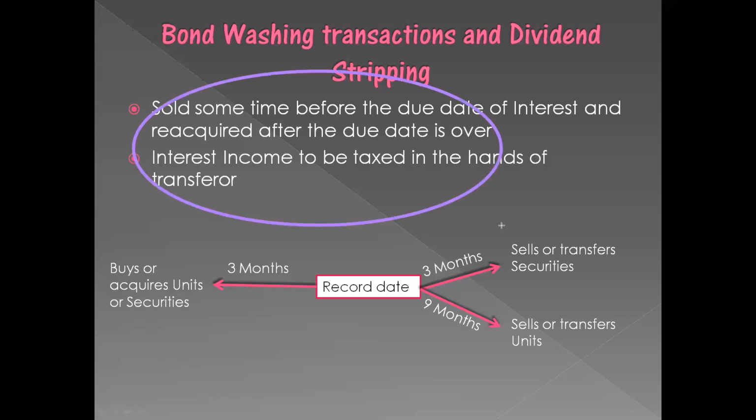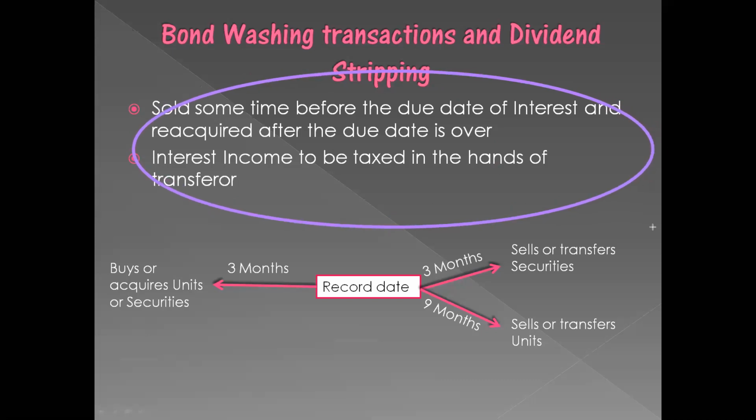And here, if you read the concept of sold sometime before the due date of interest, then it is the same as the concept of deemed ownership. The interest income will be taxed in the hands of the transferor. If you remember the deemed ownership concept in house property or clubbing of income in our other lesson, you will remember in certain scenarios the transfer will not be considered.